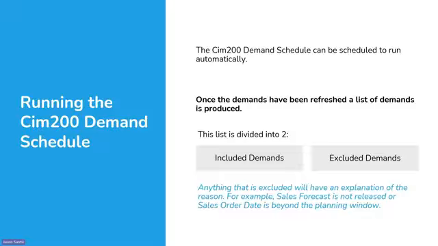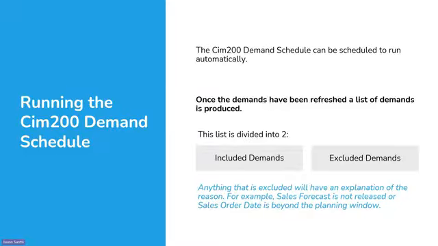The demand schedule is replacing the Sage MPS. It is the same thing, but it's just been renamed, and you can run that automatically, and it will produce two lists. One to tell you what are the included demands and what is excluded from demands.